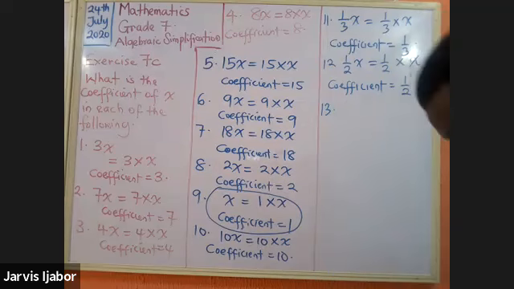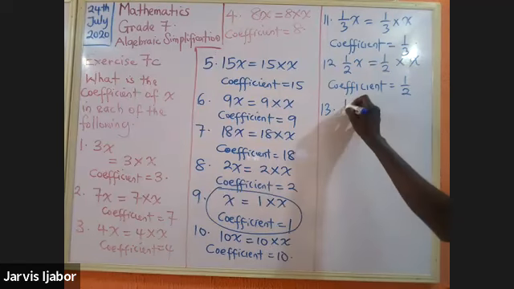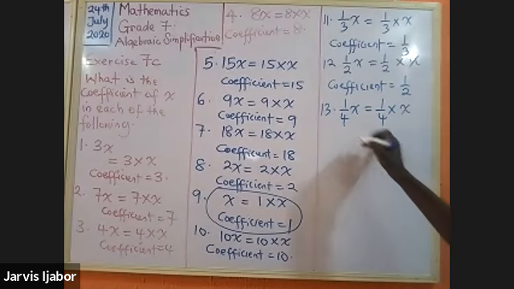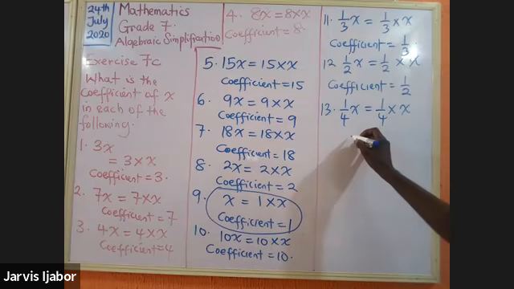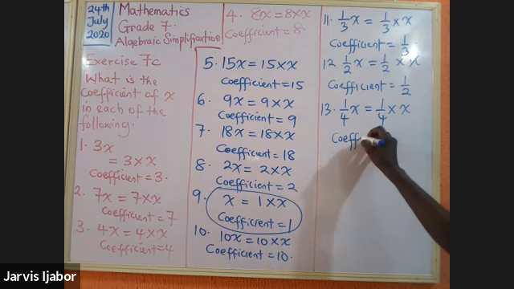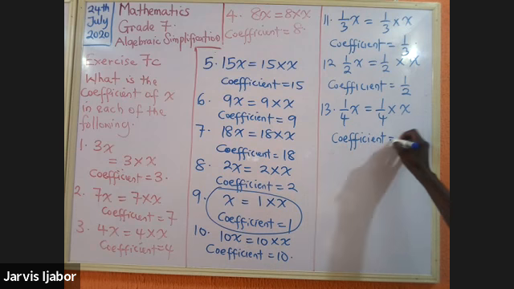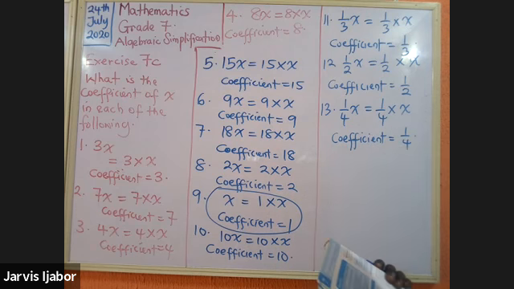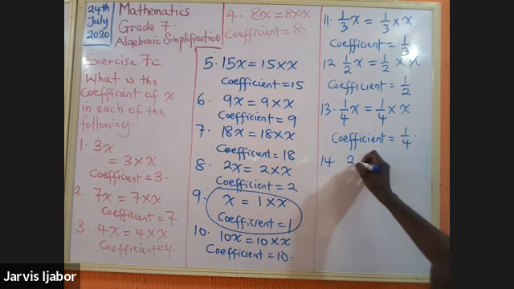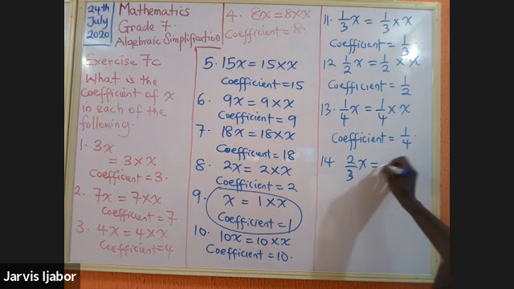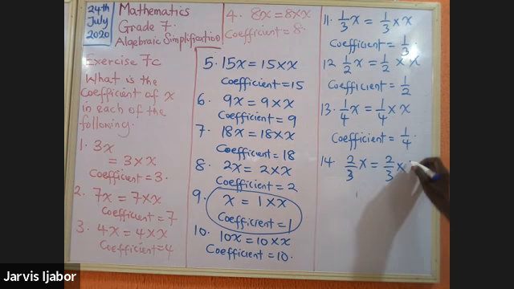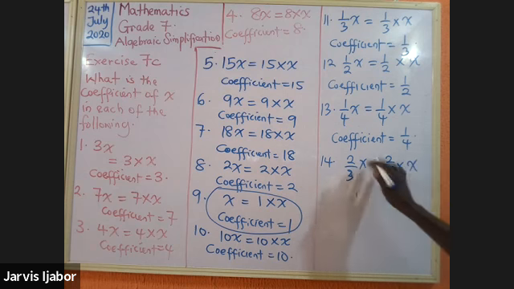Number 13. 1/4x will be equal to 1/4 times x. Meaning that coefficient will be equal to 1/4. Number 14, 2/3x. This will mean 2/3 times x.